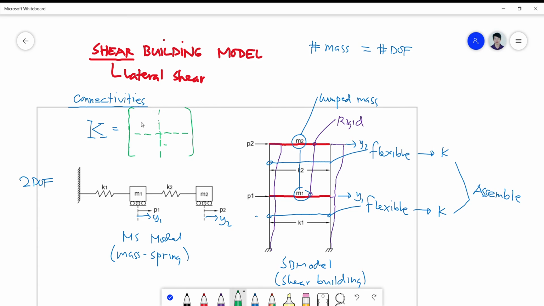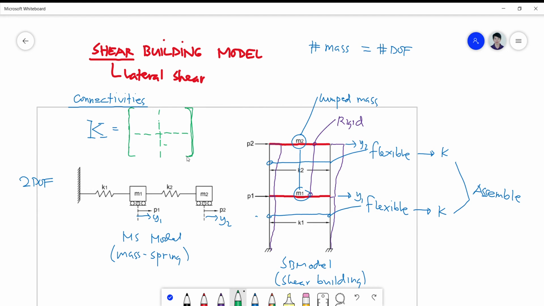So these are now the capital K's: K11, K12, K21 and K22. If you look at the relationship of the rows and the columns in the matrix.